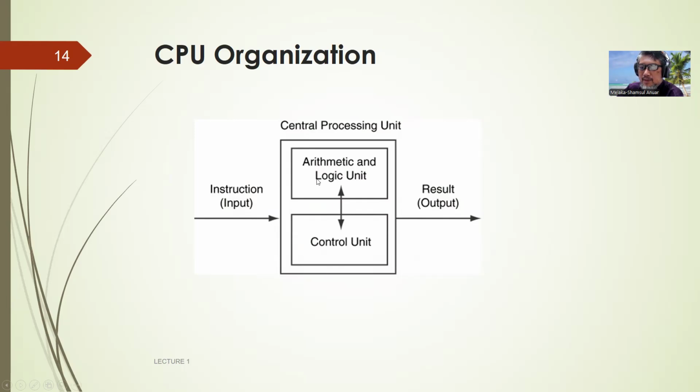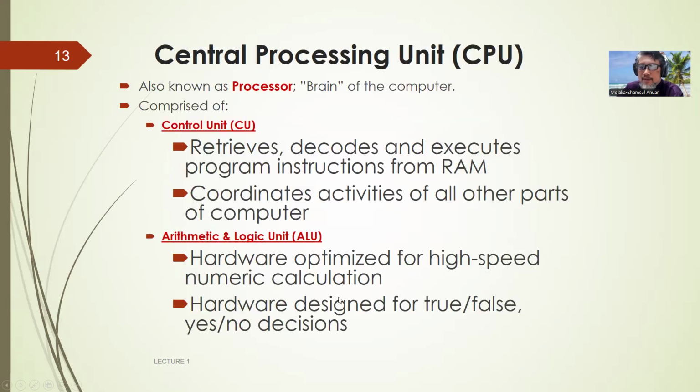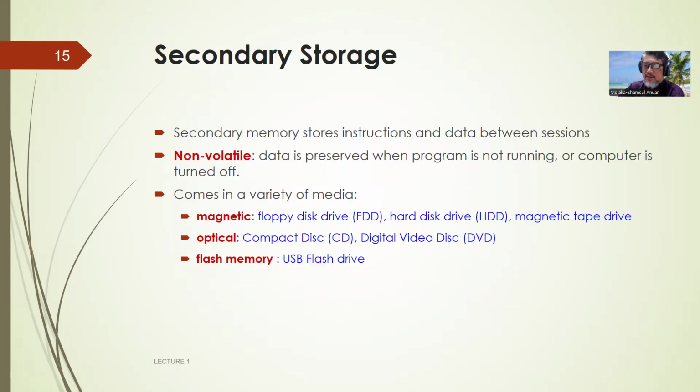The ALU is for the calculation, and the CU is for a lot of control and retrieving data from RAM and other parts of the computer, other parts of the disk or memory components.